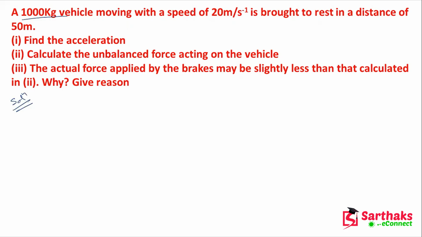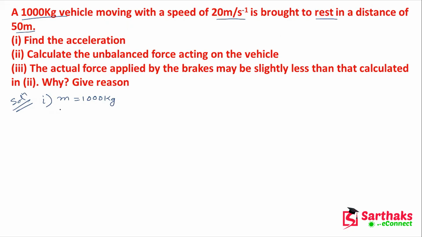A 1000 kg vehicle moving with its speed 20 meter per second is brought to rest. That means final velocity is 0, in a distance of 50 meter. First thing we have to find out the acceleration, right? What are the given data? Mass is 1000 kg.